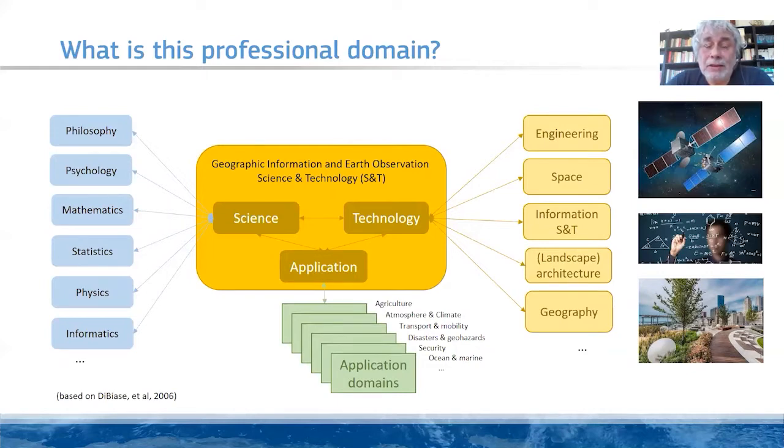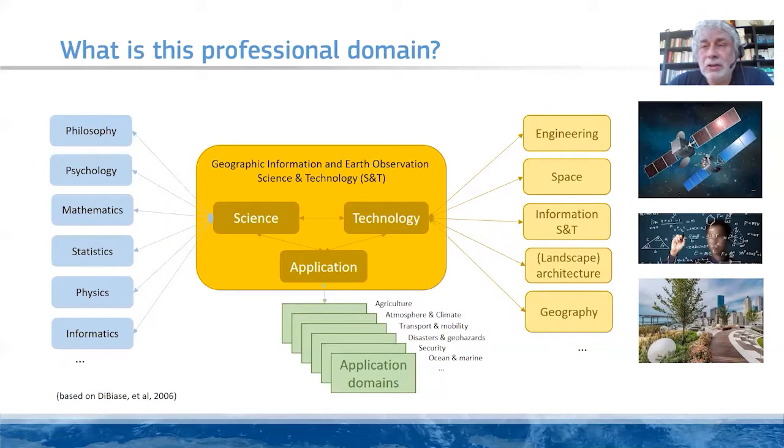Now, as can be seen from this picture, the GI and Earth observation domain is not to be seen in isolation. On the contrary, I think it's quite particular for our domain that we are linked to a lot of other sciences, more fundamental sciences that you can see on the left side, going from philosophy, psychology.